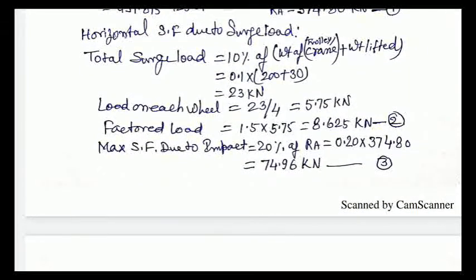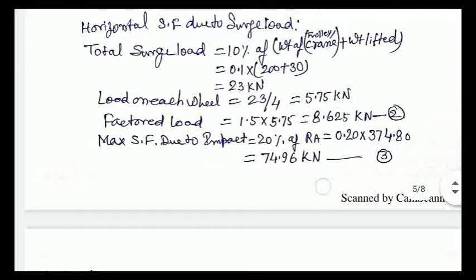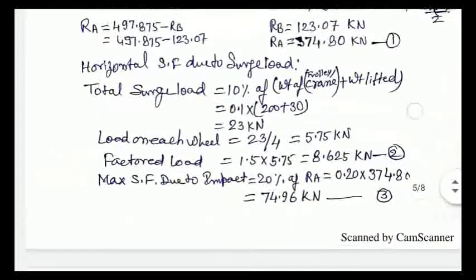Now due to impact, we assume 20% of the maximum shear force or maximum reaction at A. So it comes out to be 74.96 kilonewton. Now there are three forces.